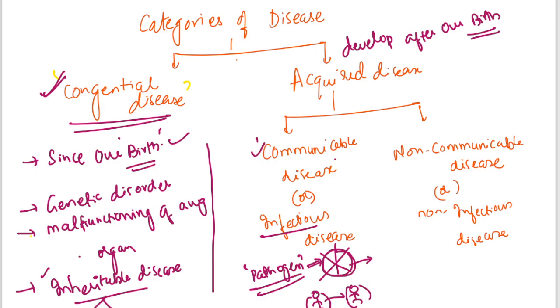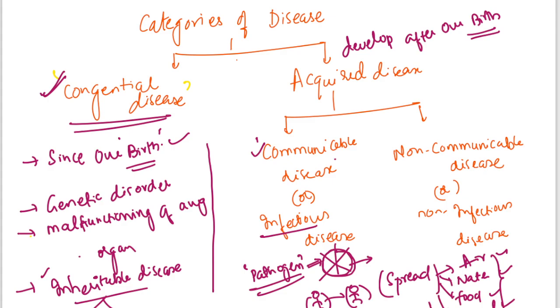What are examples of communicable disease? AIDS is a communicable disease. Or let's say COVID-19 is a communicable disease. Now, how does a disease spread? It might spread through airborne or waterborne routes, through food, sexual contact, or any other physical touch like a handshake.